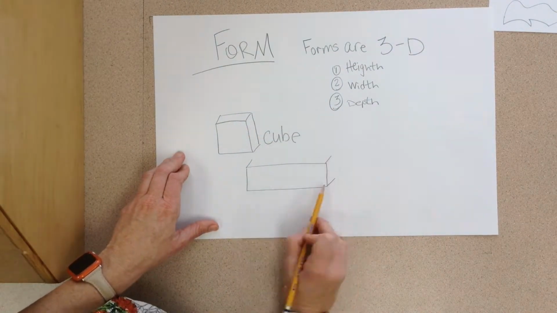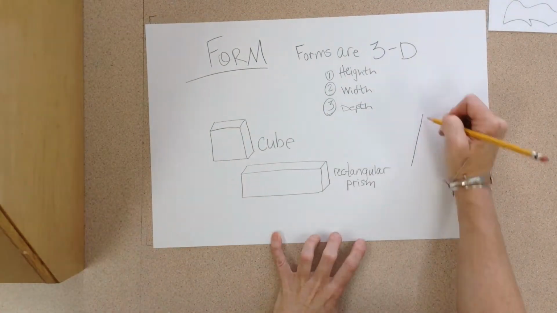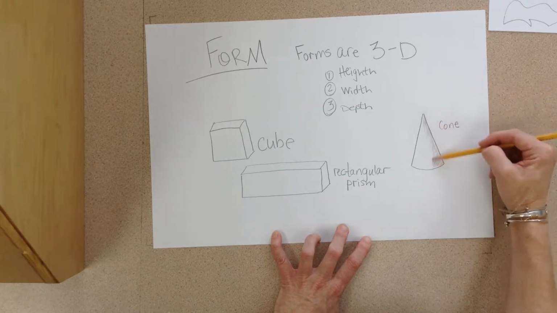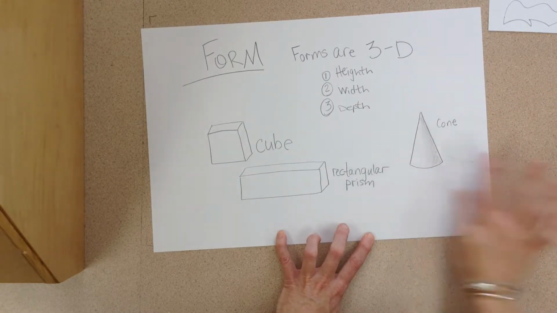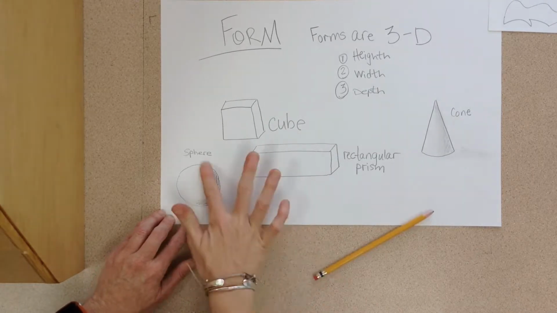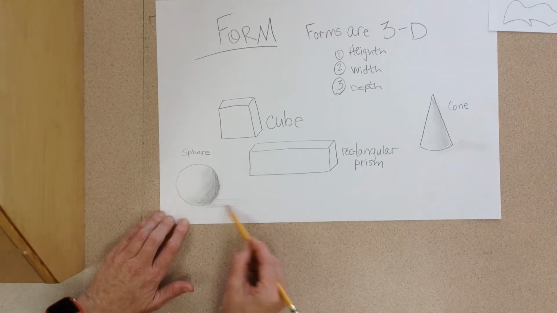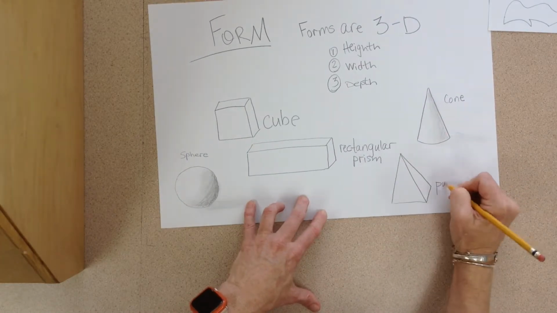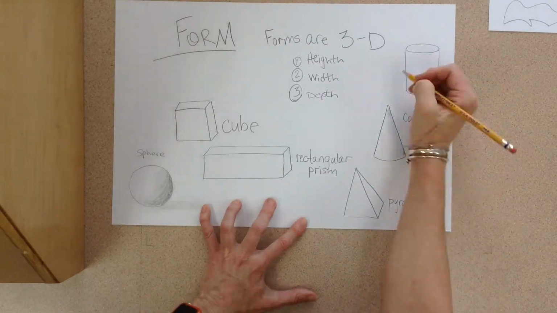Cubes, rectangular prisms, cones, spheres, pyramids, and cylinders are all examples of a form.